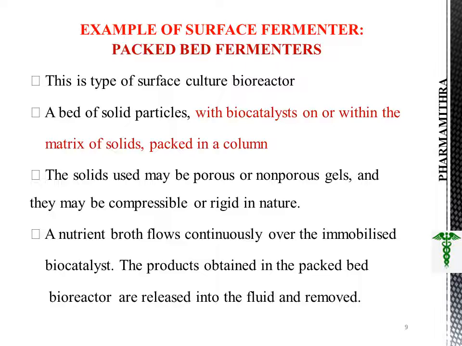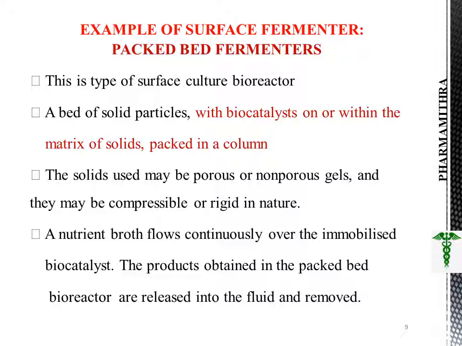The second example of a surface fermenter is the packed bed fermenter. This is a type of surface culture bioreactor. Here, a bed of solid particles with biocatalyst on or within the matrix of solid is packed in a column. Packing is important here, hence the name packed bed fermenter. The solid used may be either porous or non-porous gel, and may be compressible or rigid in nature.